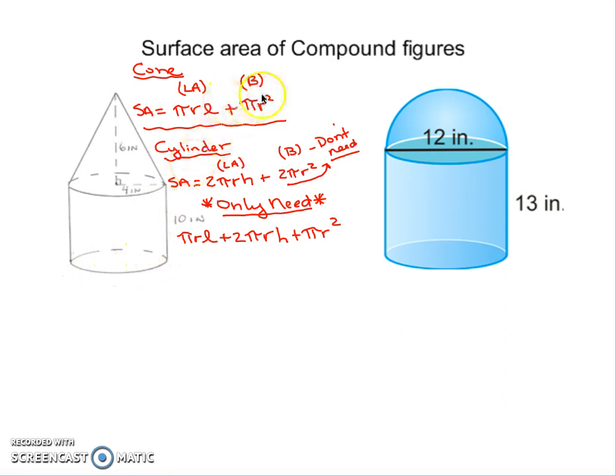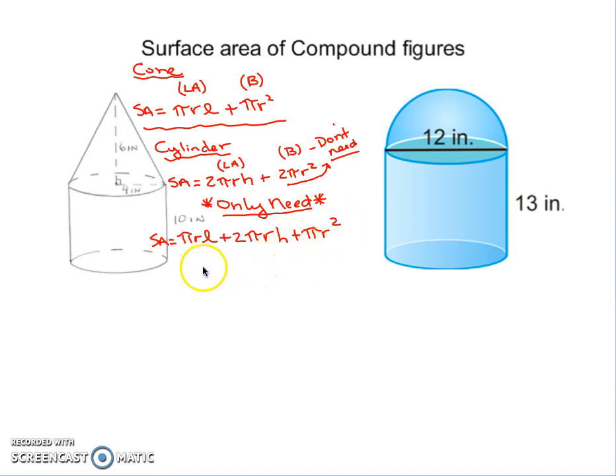In our formula, I kept this base, but these two, which would normally be these two bases here, which we should not be counting, I took out. So I rewrote the formula to be surface area equals pi r slant plus 2 pi r height plus pi r squared.